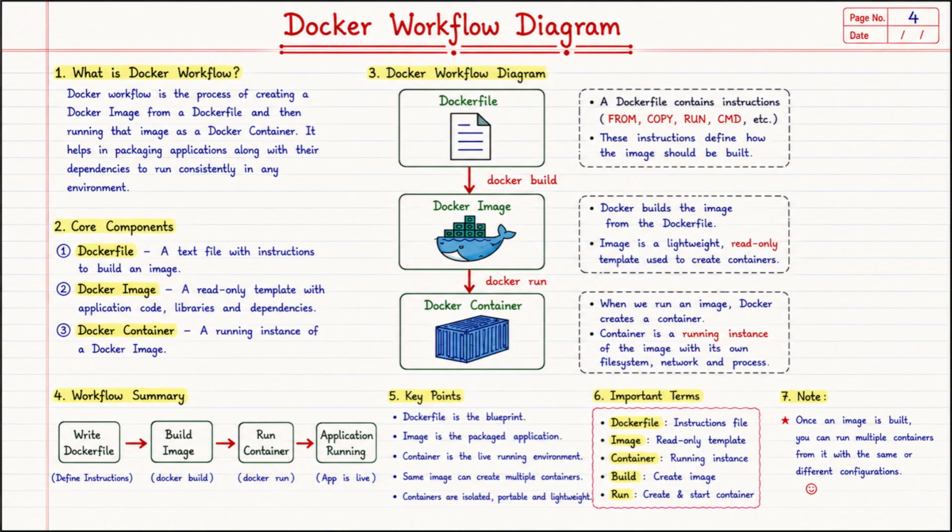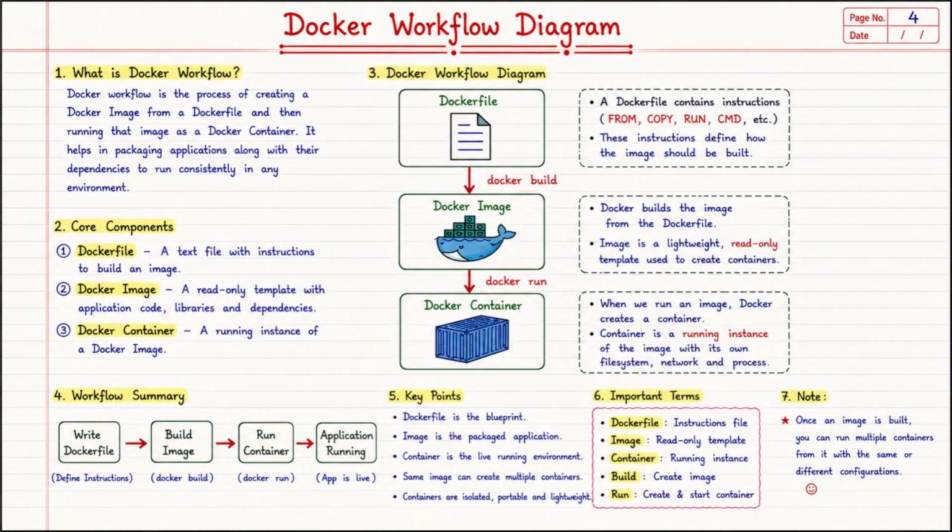Docker reads every instruction in the Dockerfile and creates a Docker image. A Docker image is a lightweight, read-only package that contains everything required to run the application, its code, libraries, runtime, and dependencies. Next comes the Docker run command. When we run an image, Docker creates a container.